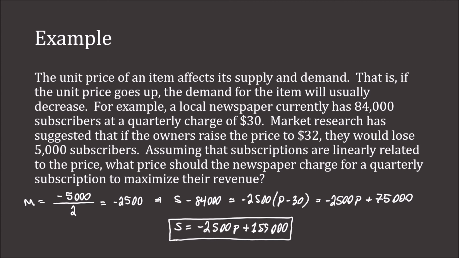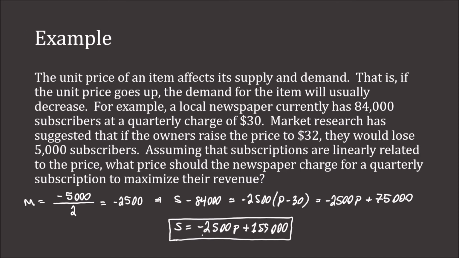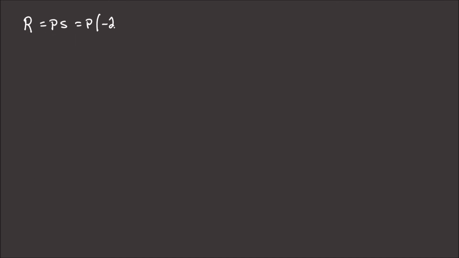However, we wanted to maximize revenue. Well, revenue is the unit price times the number bought. So in this case, it is the price times the number of subscribers we have. And we just found what S is. S is this down here. So it's P times negative 2,500p plus 159,000.